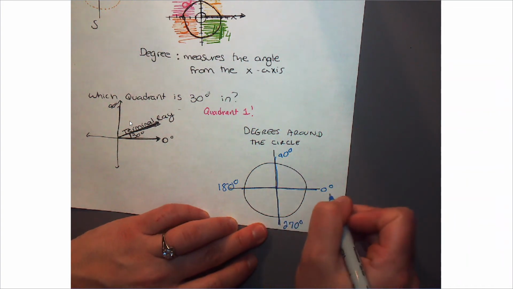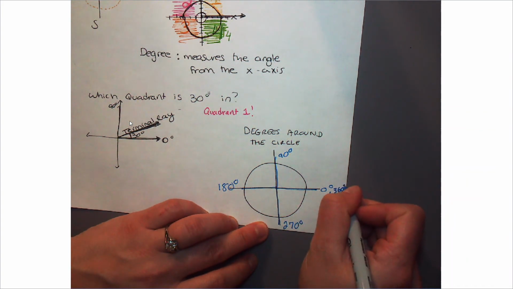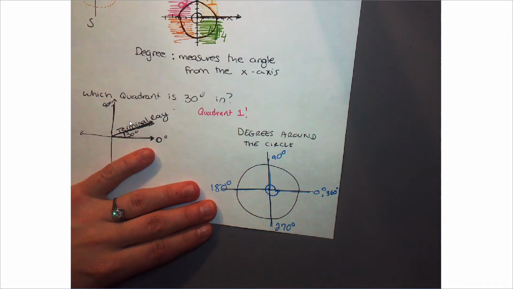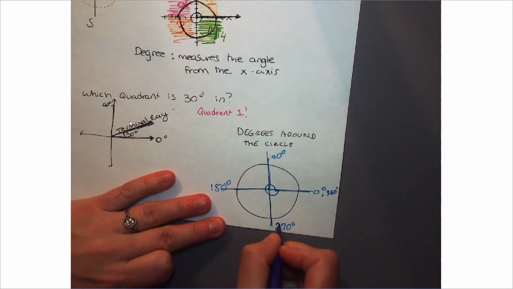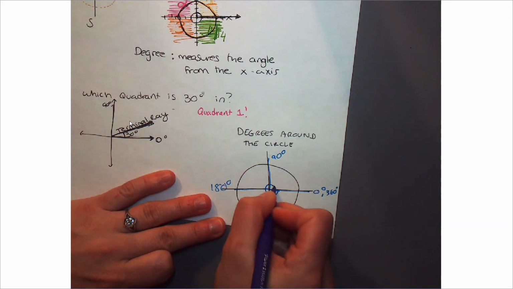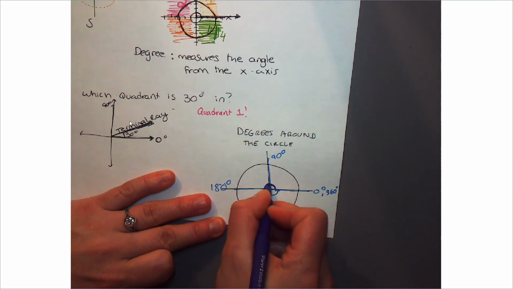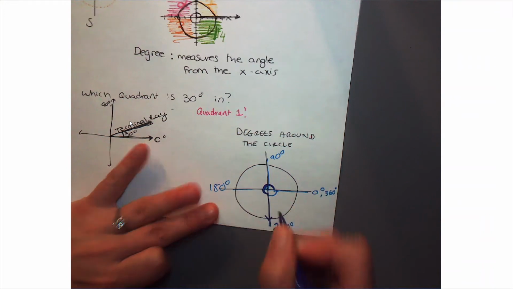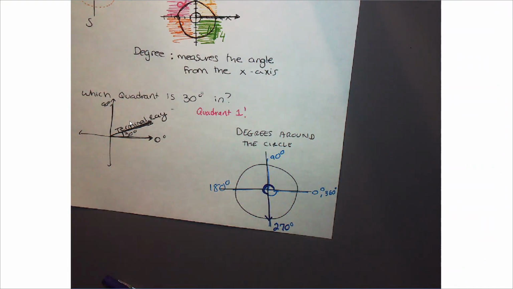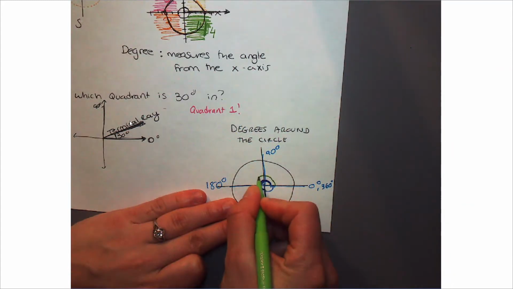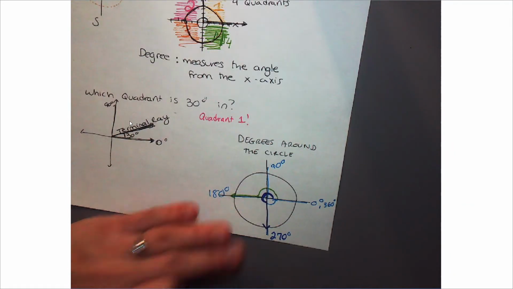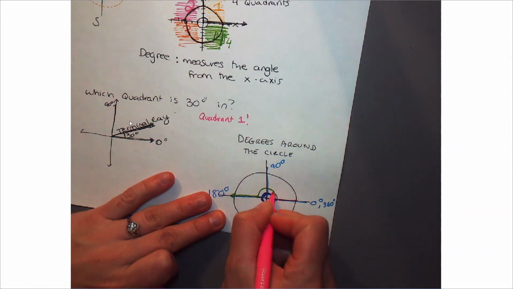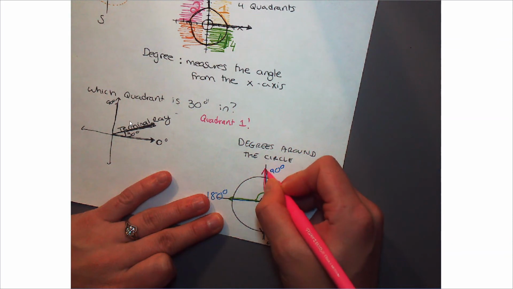Then we come all the way back and hit 360 degrees, a full circle all the way around. 270 would be right here. 180 would be this flat line. There's that terminal ray. 90 would just be this guy right here, drawing in the terminal ray.